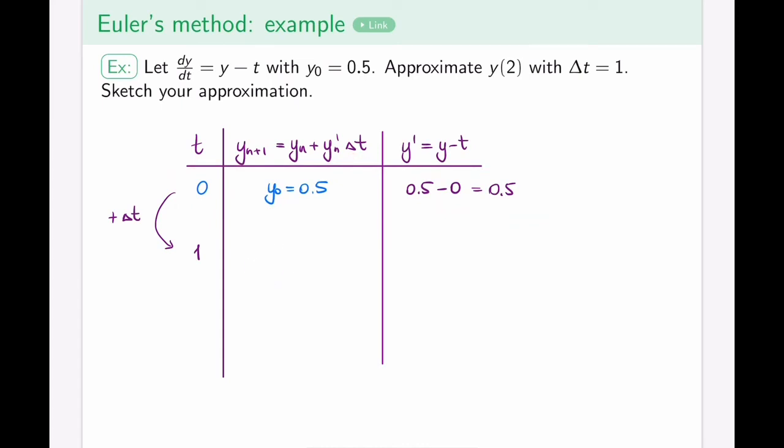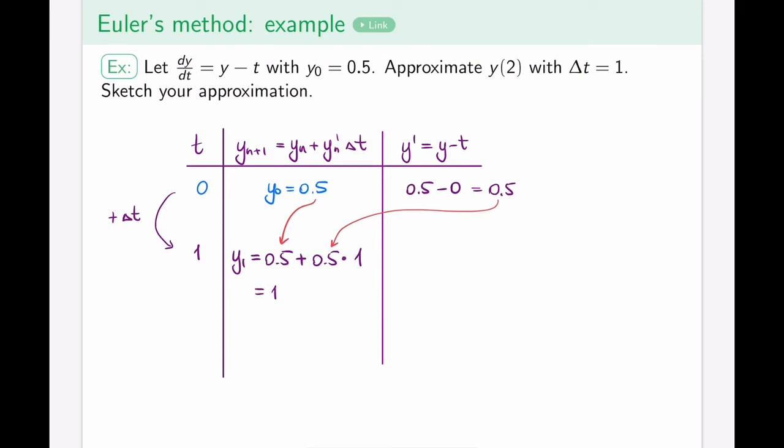So what am I going to have here? y1 is equal to yn, so the previous y, which is 0.5, plus the previous slope value, which is 0.5, times the step size, which is 1. So this 0.5 from here, this 0.5 from here, and I have my new value for y1, which turns out to be just 1.